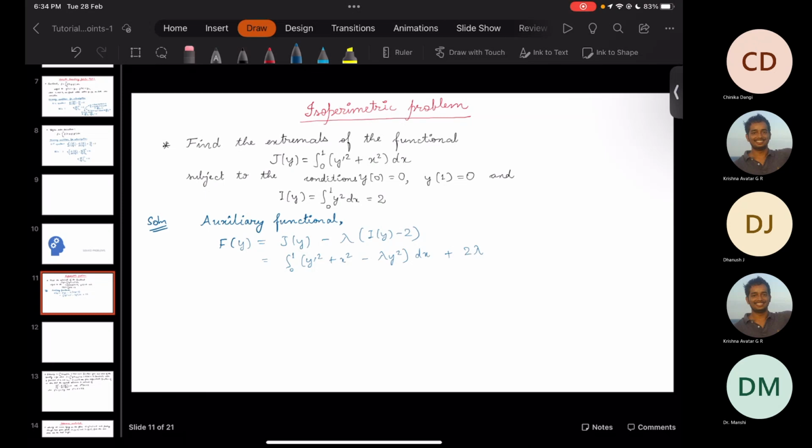So this 2 lambda is a constant here. It's just a constant.